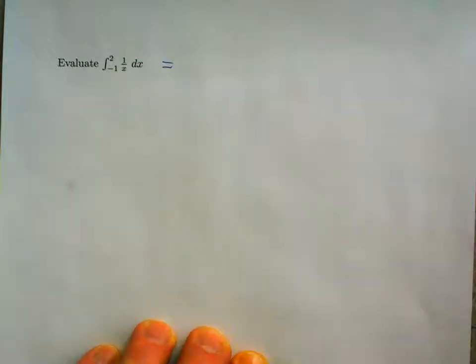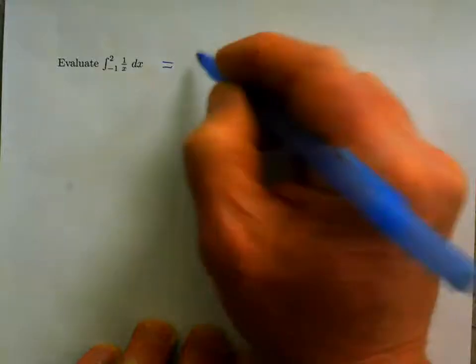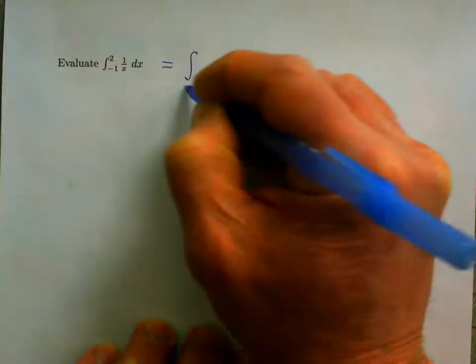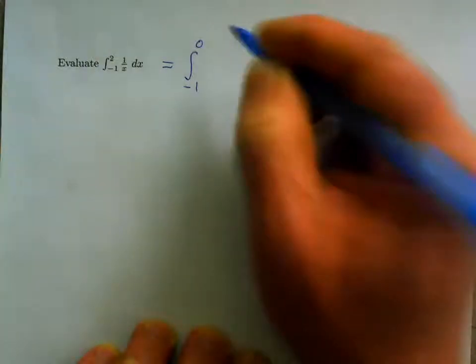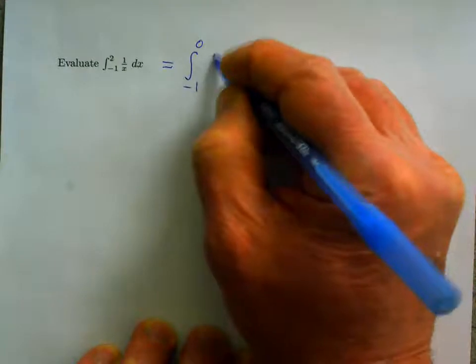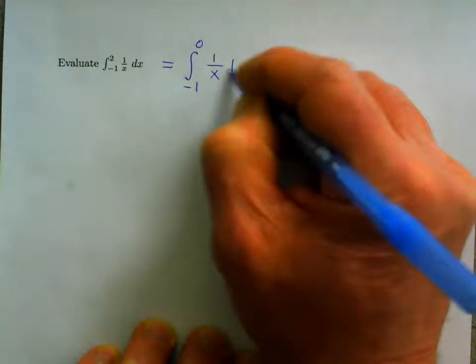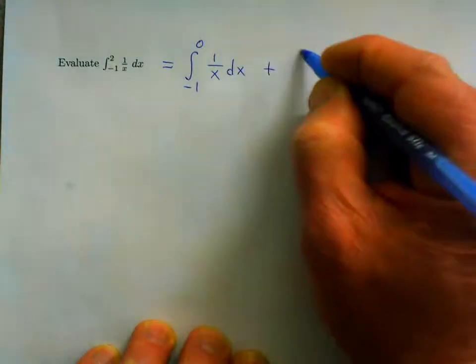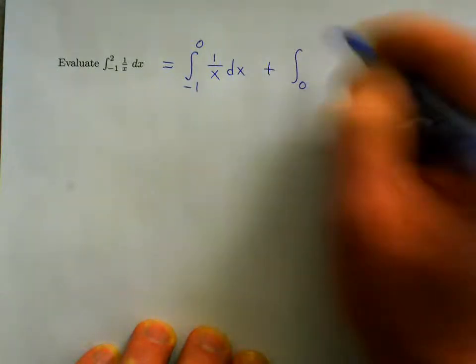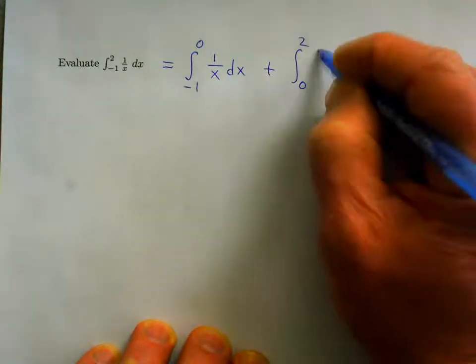So we're going to write this improper integral as a sum of two other improper integrals. One will be from negative 1 to 0 of 1 over x dx, and the other one will be from 0 to 2 of 1 over x dx.